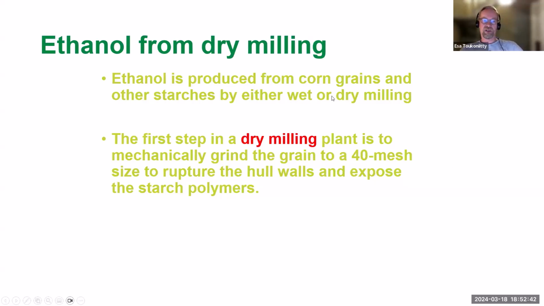Here the starting material is not these water-soluble sugar molecules, but starch-containing food material, like corn grains or potatoes and such. The first step is to grind it, mill it into small grains or powder, and mechanically process it into smaller pieces.